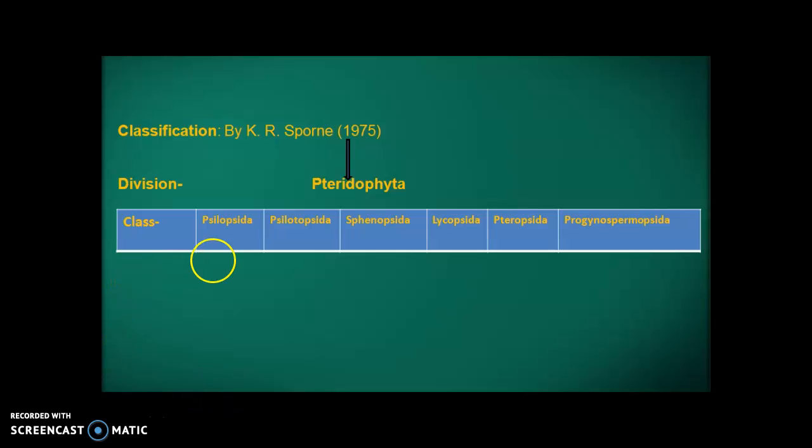Then we saw the different characteristic features of pteridophytes as general and as group characteristic features. We also saw the economic importance of pteridophyte, and lastly we saw the classification of pteridophyte according to K.R. Sporne, who classified the pteridophytes into 6 classes. This is the general information of the plant group pteridophyte from the cryptogams.